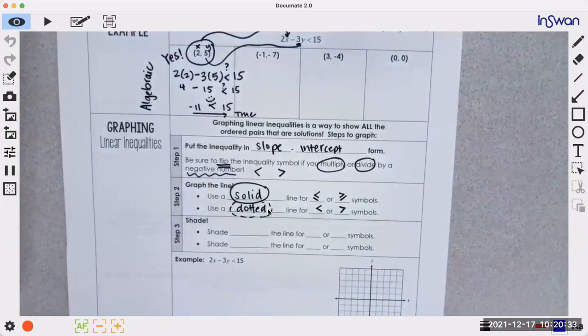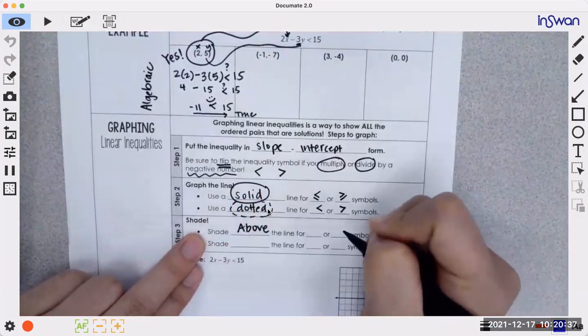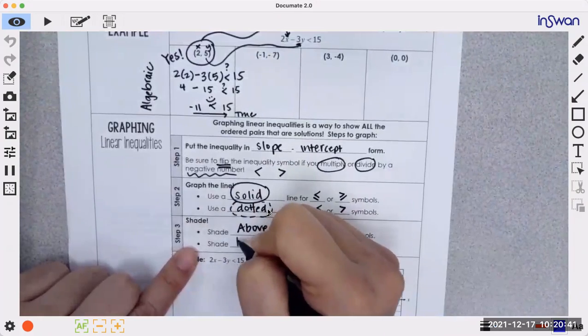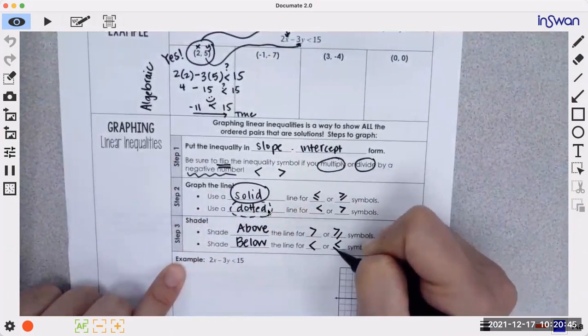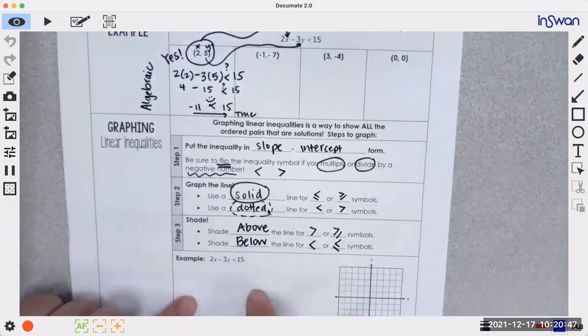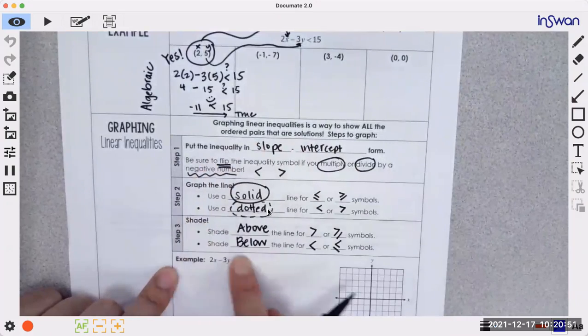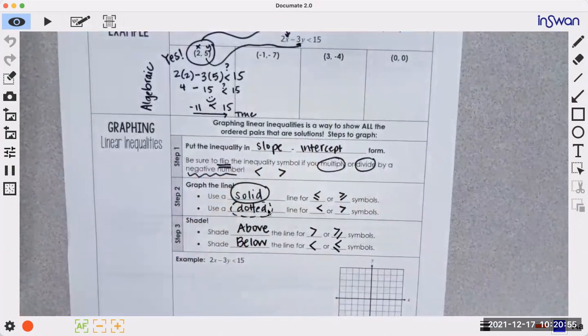And then the last step, remember, is that we shade above if you have greater than or equal to, and then you shade below if you have less than or equal to. Okay. I'm going to start my next example by practicing this graphing strategy because we have to graph not only one, but we have to graph 2 now when we look at systems.